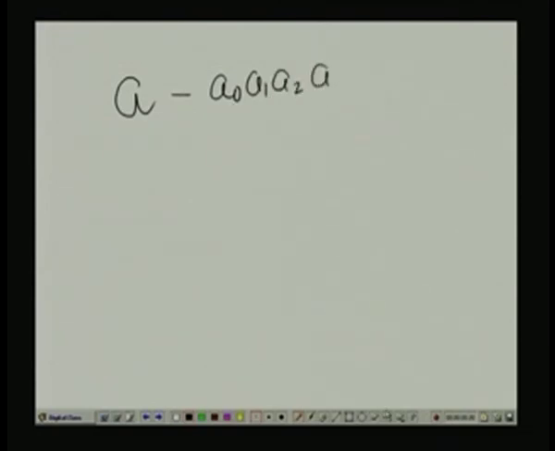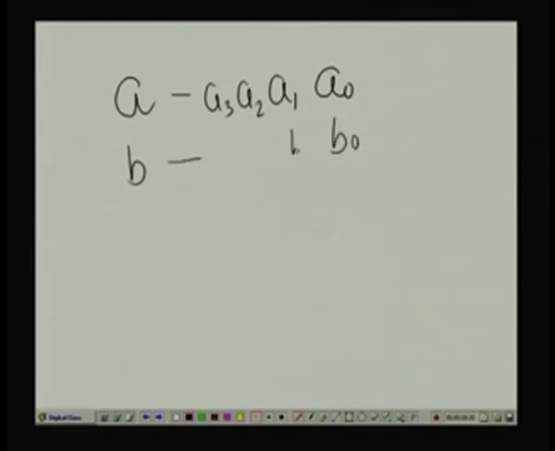Actually, we should write in a different order, LSB first: A0, A1, A2, A3. Similarly, B is B0, B1, B2, B3. Say I am taking some values. Say A is 0, 1, 0, 1, and say my B is 1, 1, 1, 0.